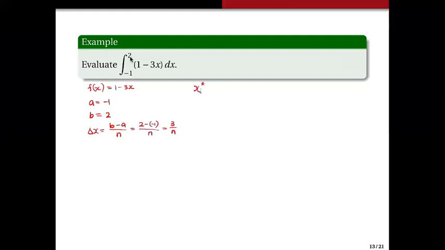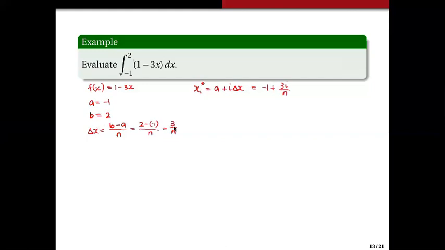Xi star is a plus i delta x, so this one will be -1 plus 3i over n.